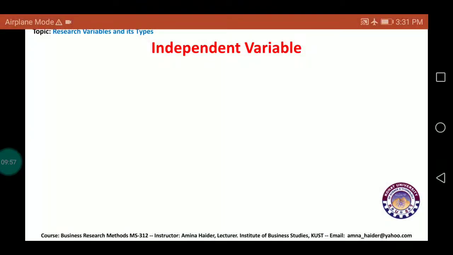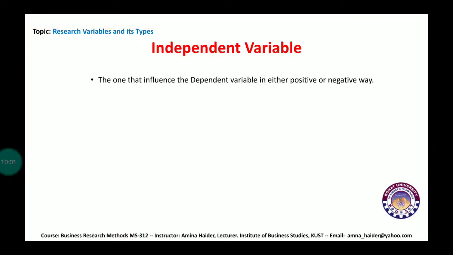So moving towards independent variable, independent variable is the one that influences the dependent variable in either a positive or negative way. Sometimes independent variable is also called the action variable, because when we manipulate the independent variable, we can bring a change in the dependent variable, and that change could be in a positive way or in a negative way.